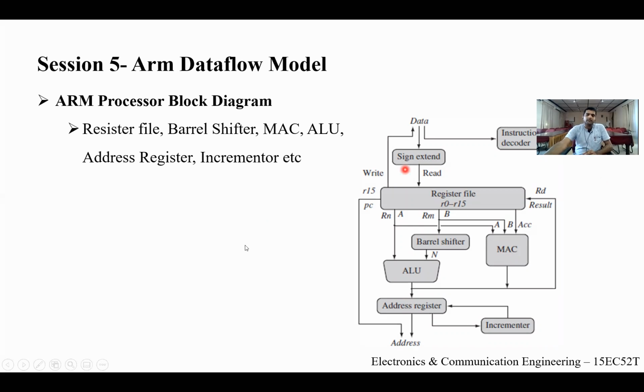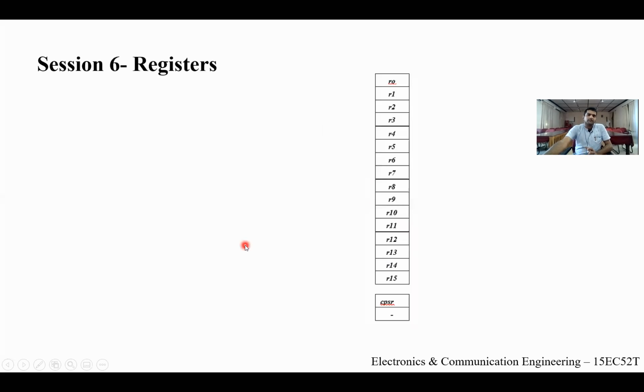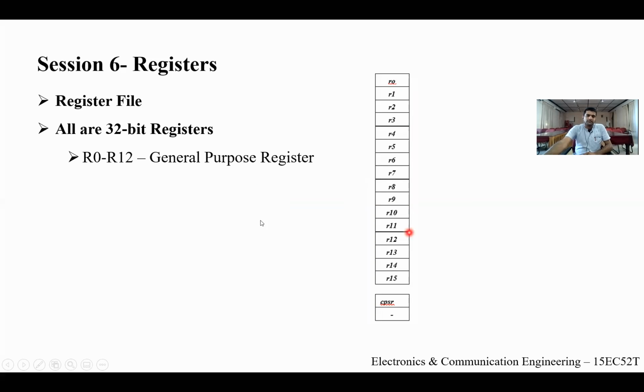etc. In the next session, we discussed the topic registers. There are several registers, 32-bit registers in ARM architecture. All are 32-bit registers. R0 to R12 are called general purpose registers. R13 is called stack pointer. R14 is called link register.